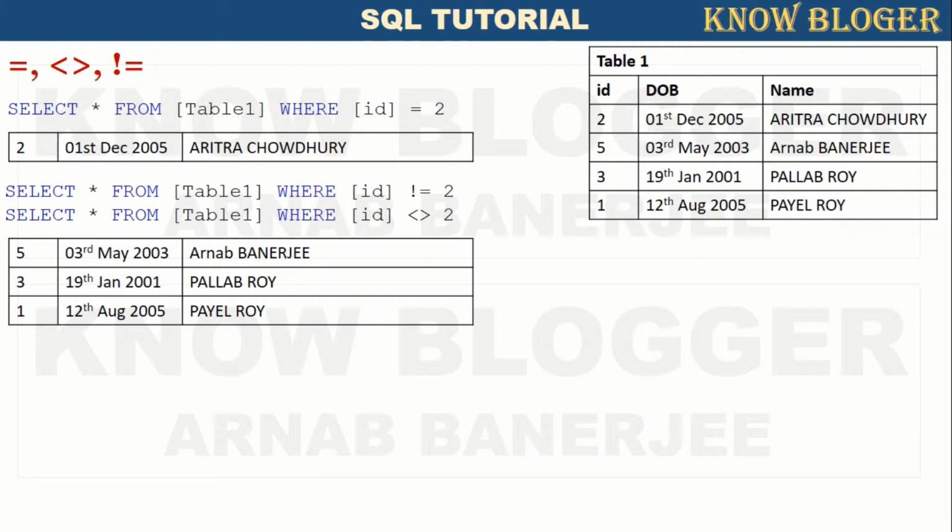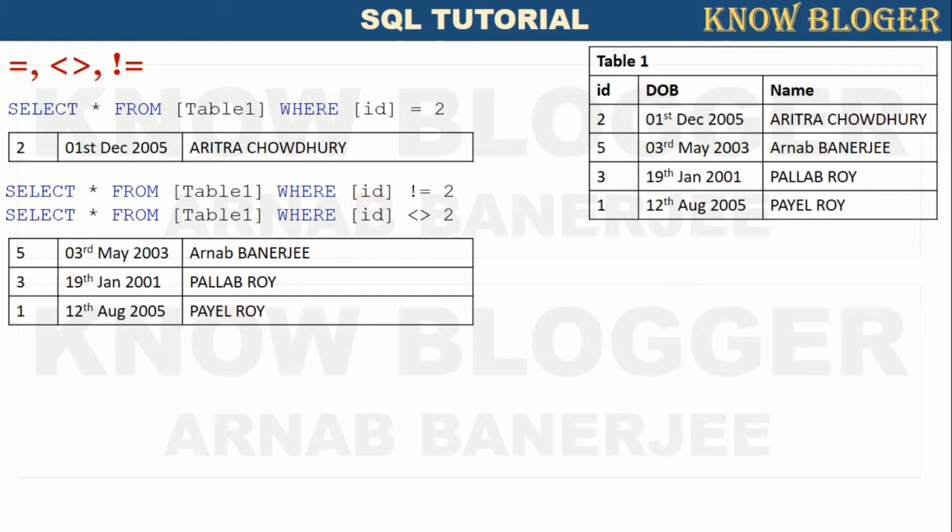The statement I can write here is: select star from table where ID equal to 2. It will give me the record whose ID is 2. Now the result is given here, and then we use the not equal to operator. How? Select star from table 1 where ID not equal to 2, and we can use two different syntaxes to indicate not equal.